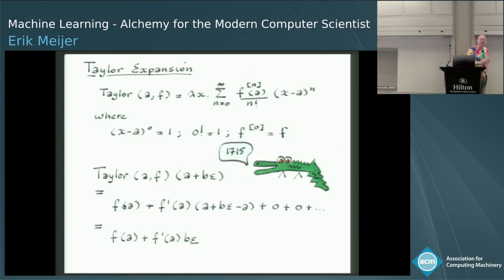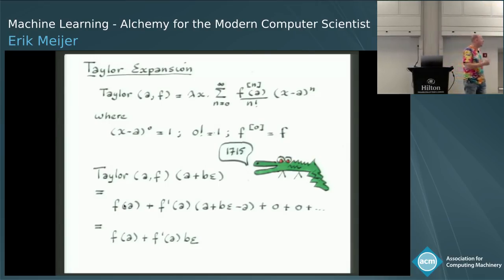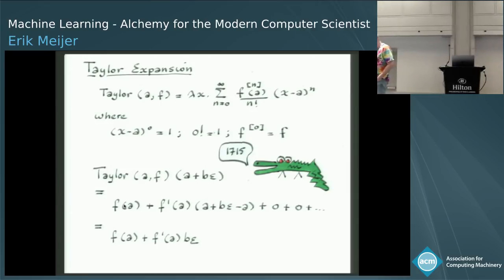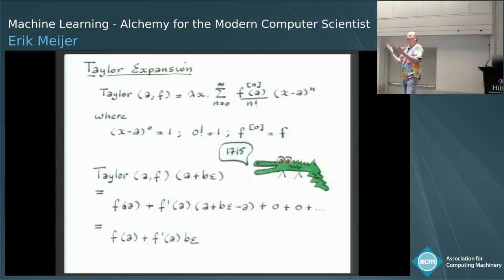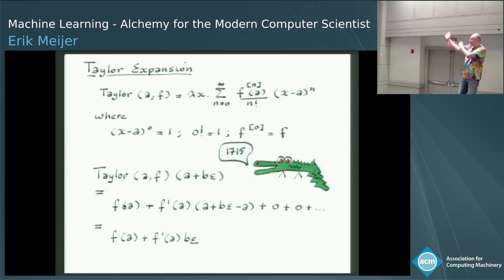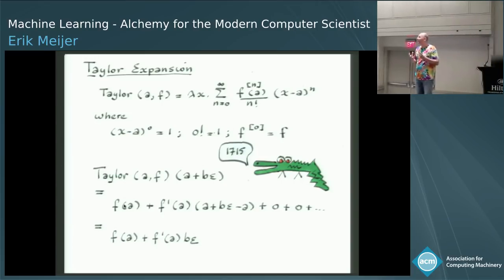And somebody comes up with the idea that I can take a function f and write it as this infinite sum, and if you go far enough into infinity, it will behave the same as that function f. And that's amazing. I look at that formula, and if you have seen Taylor expansion, have you ever wondered how somebody can come up with that? I think this is mind-blowing.